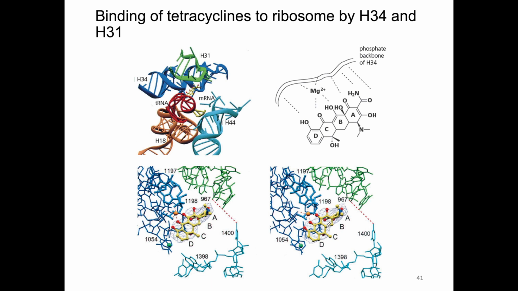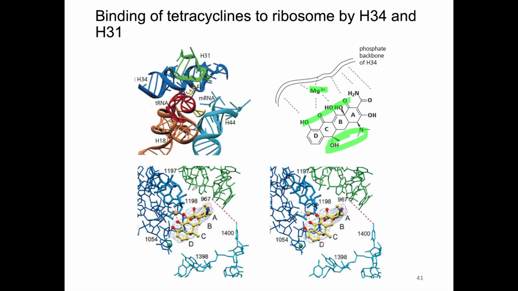So this is how the drugs bind to the ribosome. It's that polyhydroxylated face. They have a coordination through a magnesium ion to the polyphosphate backbone. And so that's how the drug interacts with the ribosome, noting that the side where the structural modifications occur points out into space.